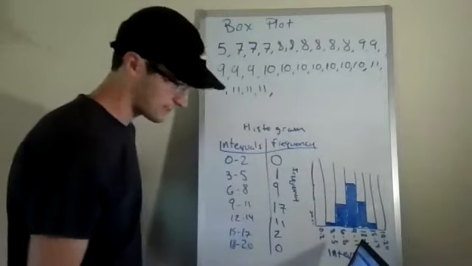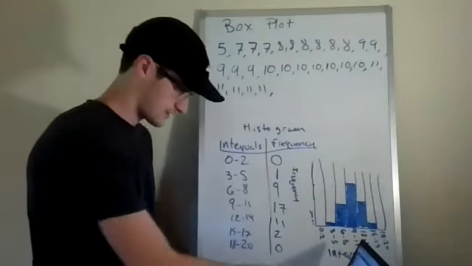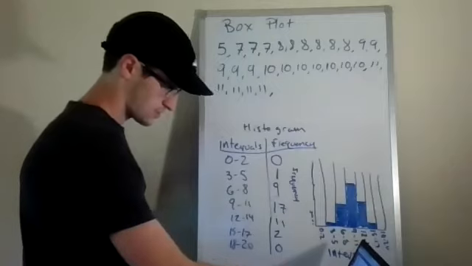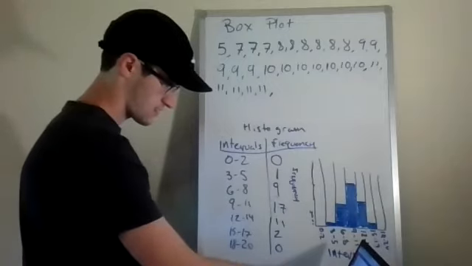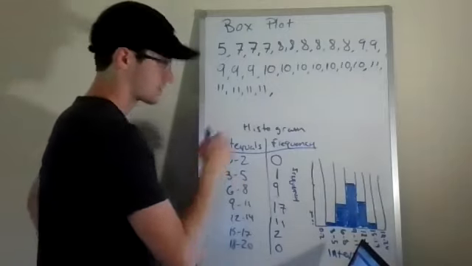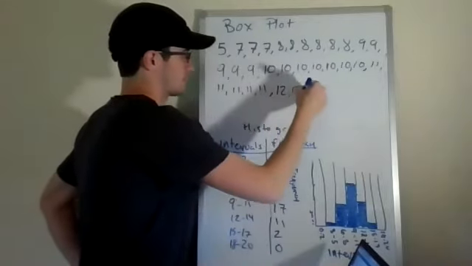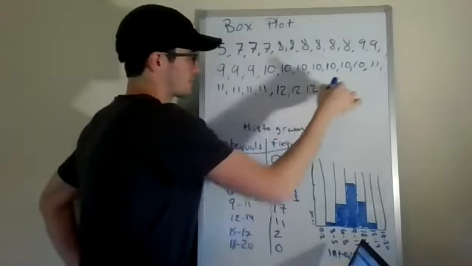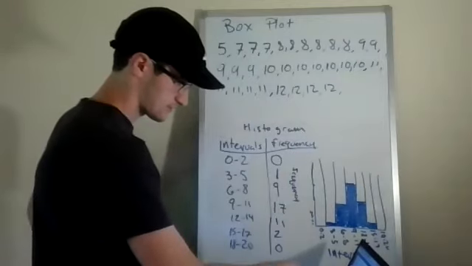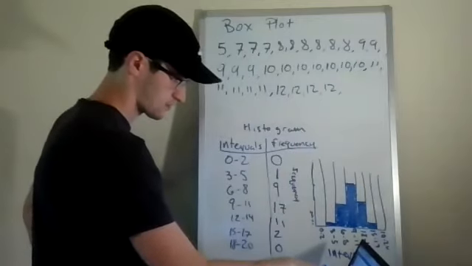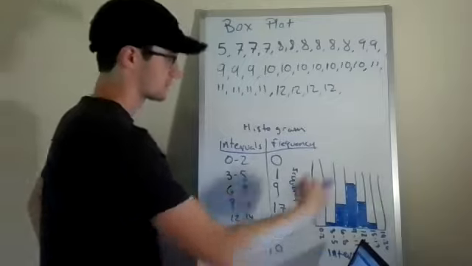Okay, then we're on to 12s. Looks like we have 1, 2, 3, 4. 13s, there's like 1, 2, 3, 4.